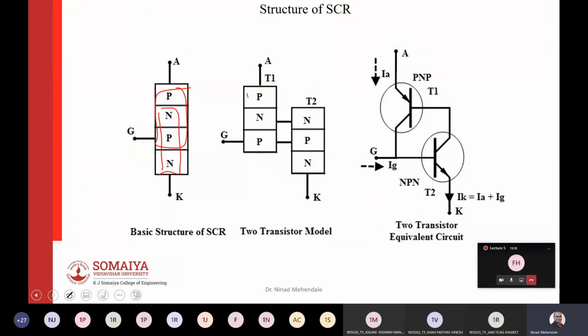So I can just split them for my convenience like this: T1 transistor PNP and then T2 transistor. Then that becomes my first terminal, second terminal, third terminal for the first transistor, and first, second, and third terminal for the second transistor. And there is one more extra terminal, the gate, which is connected at the emitter of the PNP transistor.